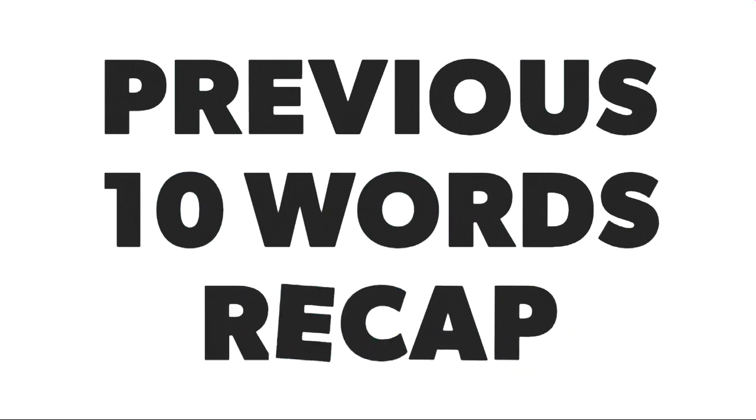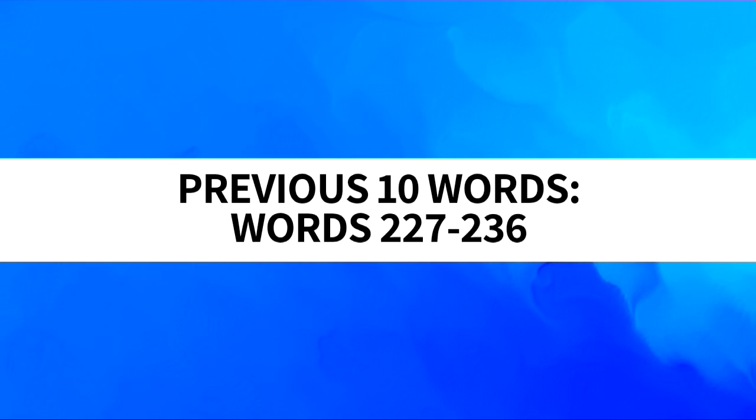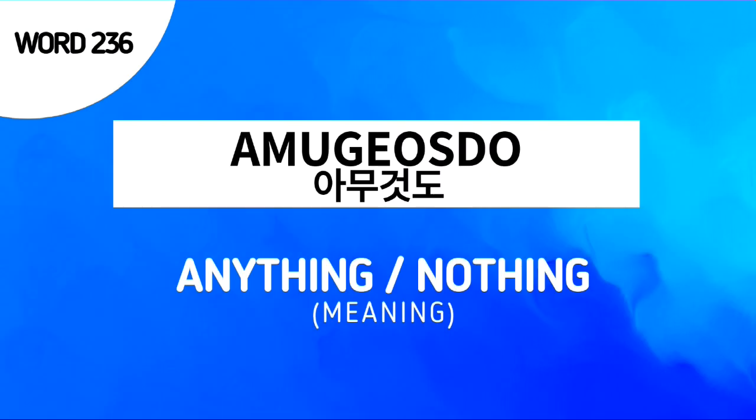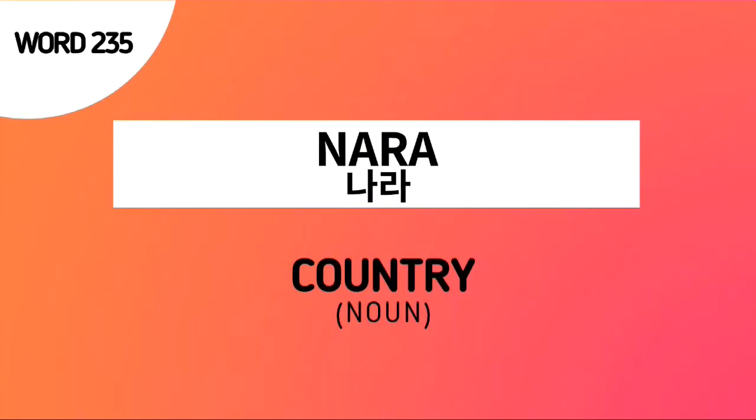Now let's proceed to the previous 10 words recap. As of now, the previous 10 words are words number 227 to 236. But of course, don't forget our word for today, word number 237, mal, which is the Korean word for word or speech. Word number 236 is 아무것도, which means anything or nothing. Word number 235 is 나라, which means country.